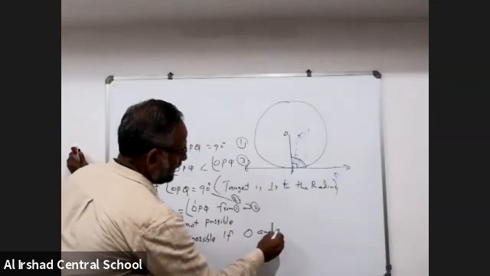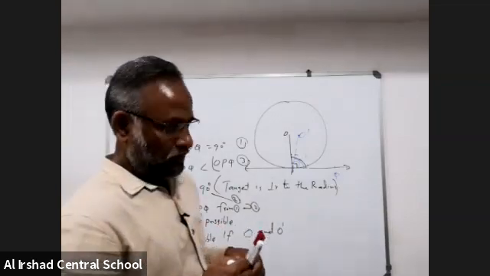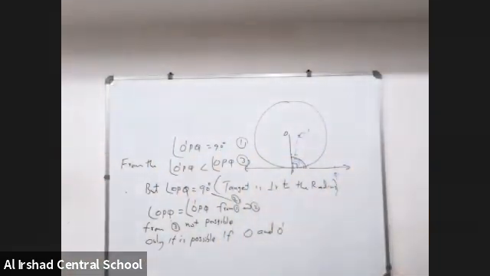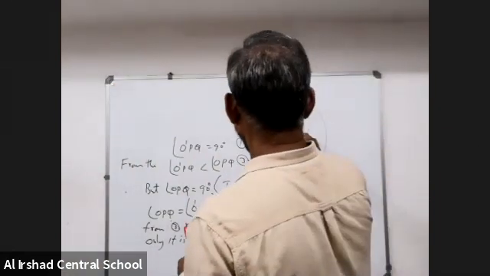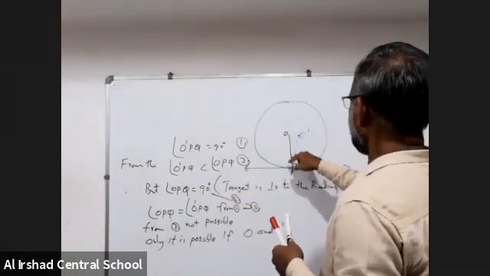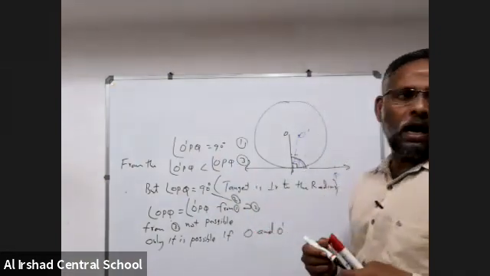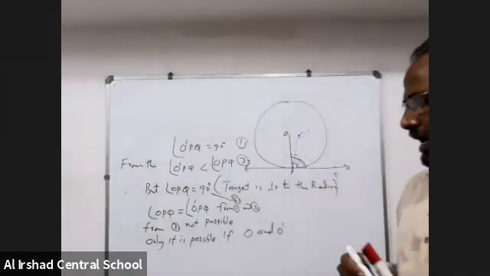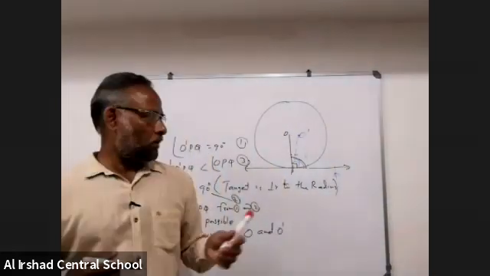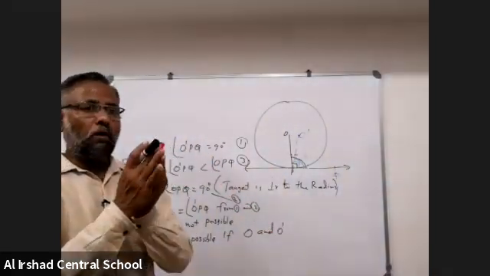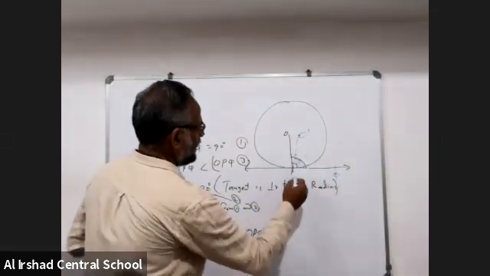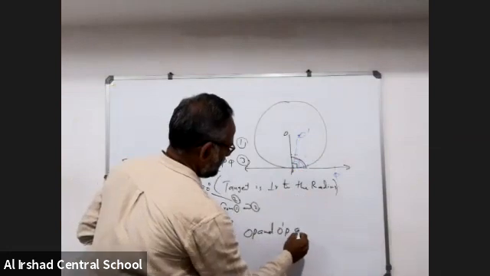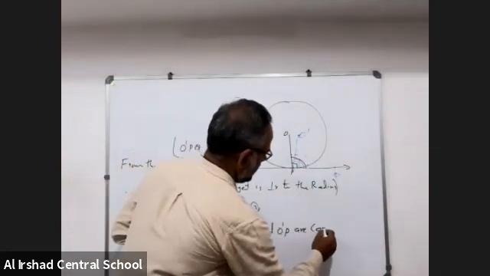O and O dash being the same means OP and O dash P are coincident lines.